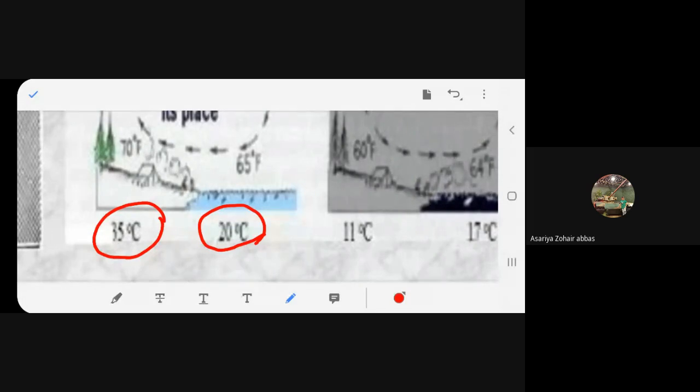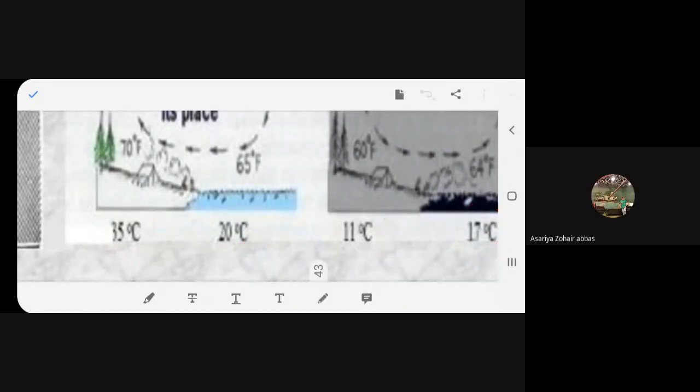And at the night time, the land is 11 degrees Celsius and the water is 17 degrees Celsius. I hope you understood the difference now. Land cools faster during night time as compared to water, right, beta? Yes.